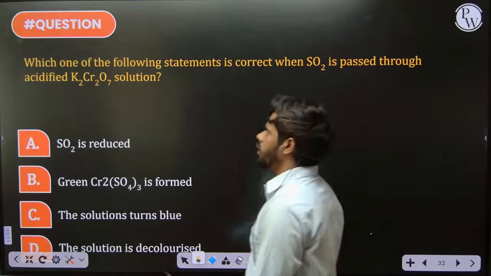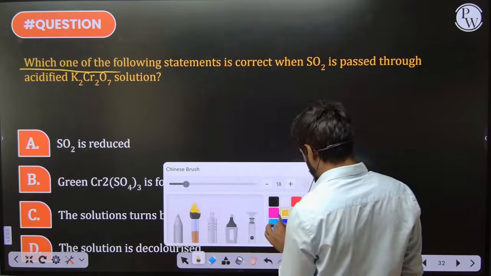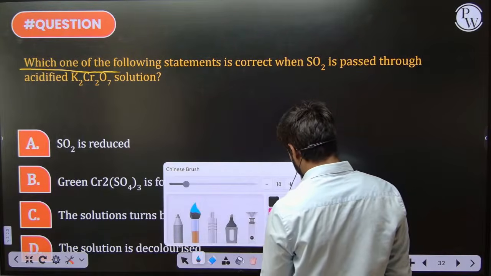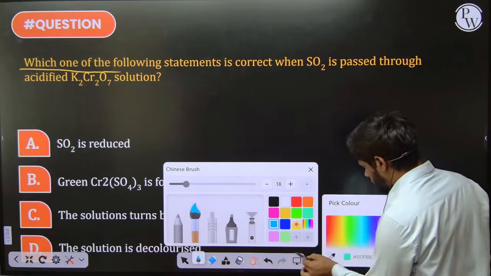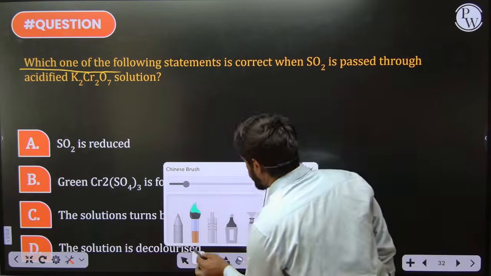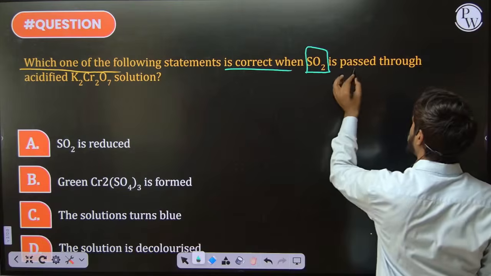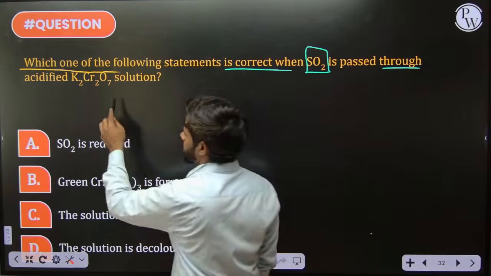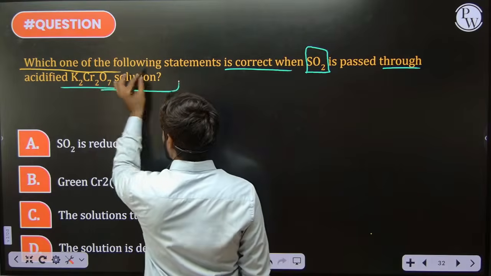Question is given. Which of the following statements is correct when SO2 is passed through acidified K2Cr2O7 solution?